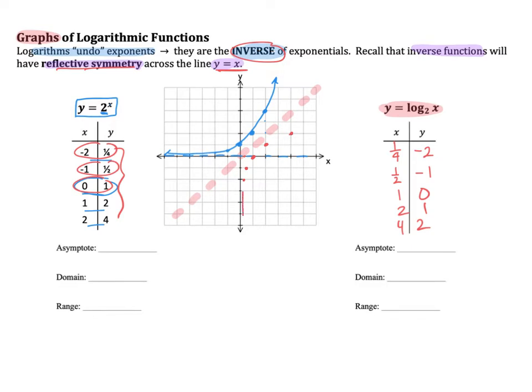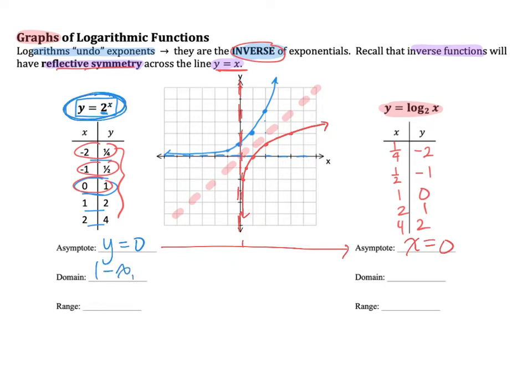Now it looks like it's going to come up, and where is my new asymptote going to be? Well, if my original exponential's asymptote was at y equals 0, when I switch x and y, this new asymptote becomes this vertical line, which is x equals 0. The exponential equation's domain is all real numbers.